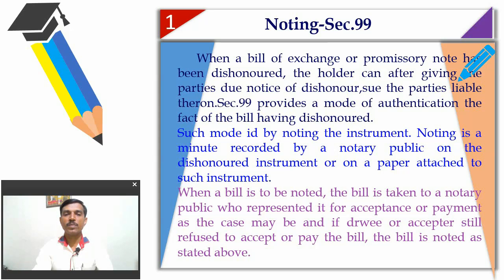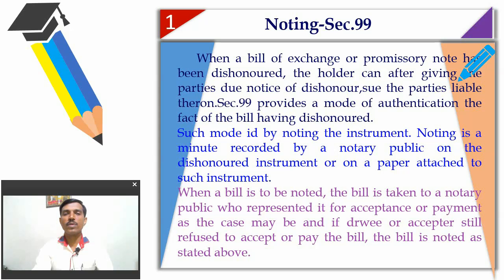For claiming, he needs to provide a mode of authentication of the fact of the bill having been dishonored. So when we need authentication that the bill is dishonored, and for claiming our payment, we need the noting of this bill.